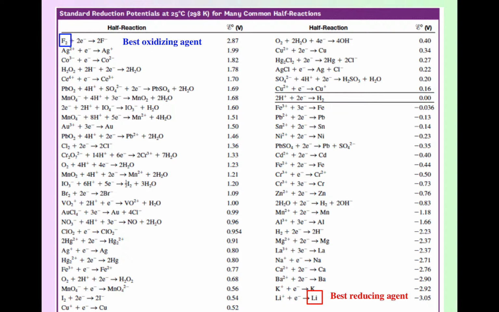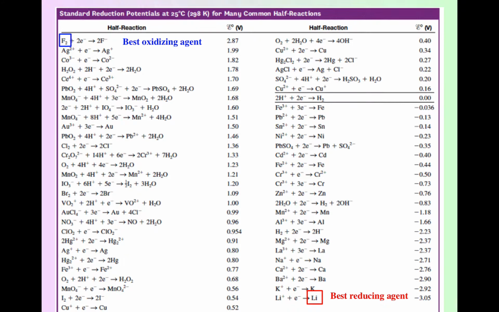So way down here in the corner, lithium is the best reducing agent, right? Turn lithium around, right? So it's lithium losing electrons to become lithium cation. That's going to have a positive 3.05 volts as an oxidation potential. So lithium is the best reducing agent.